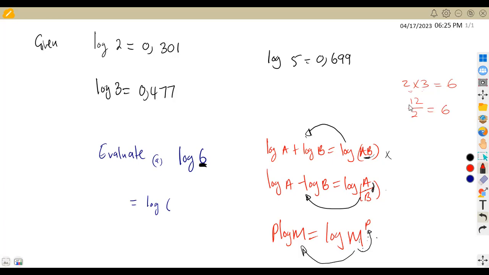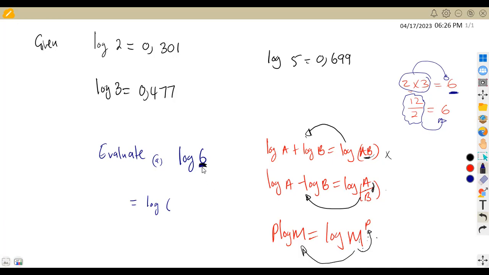So the condition is you are supposed to have other numbers that you are dealing with, that when you divide, they will give you 6, or when you multiply these numbers, they will give you a 6. Not to use that 6 again in your expansion, because you want to eliminate this 6, but using these numbers that you are given.